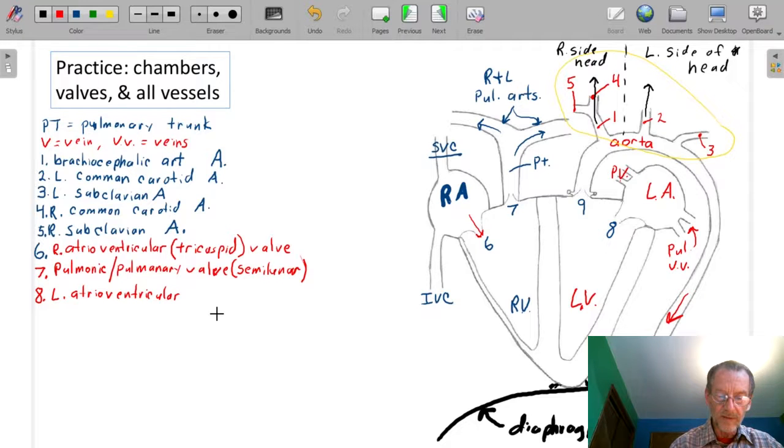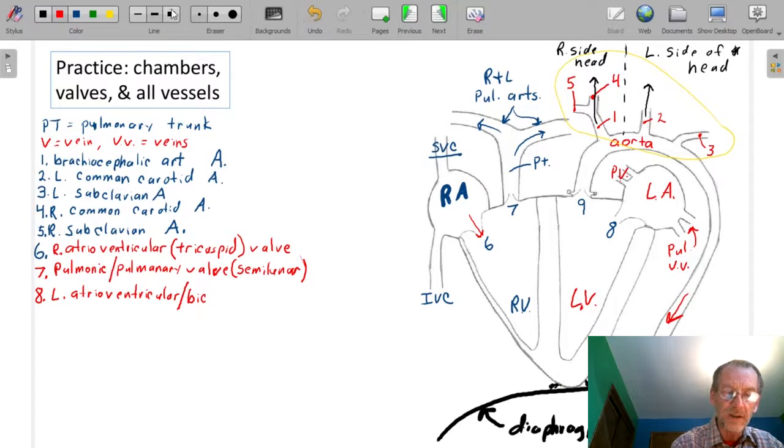It's the left atrioventricular valve, or you could refer to it as the bicuspid valve, and the tricuspid on the right, the bicuspid is on the left.